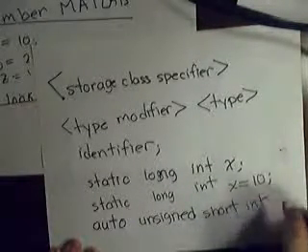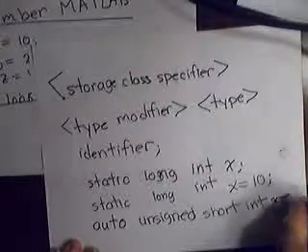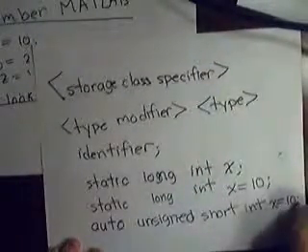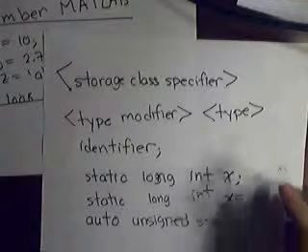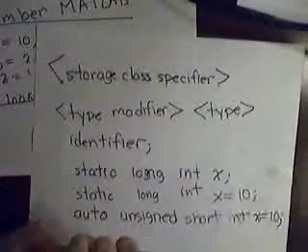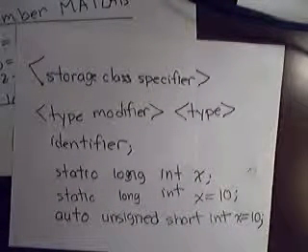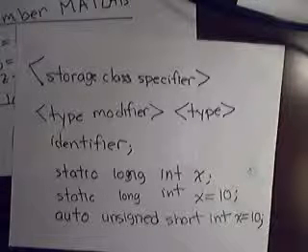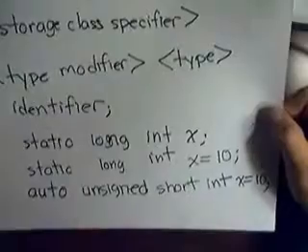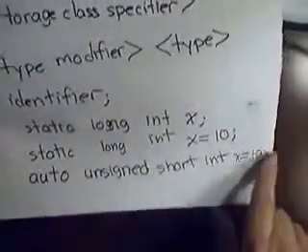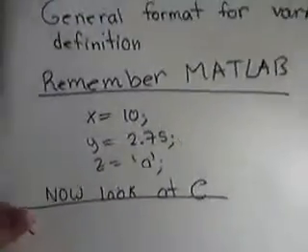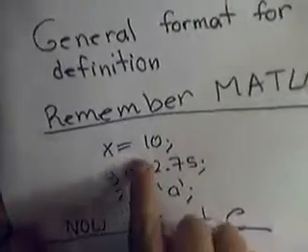Now I have an int x is equal to 10. So you see, there are 3 different ways to define x. Which one is correct? It all depends on why you want to create this variable. But it took us all this statement to do exactly the same thing as you will do right here in MATLAB with x equal to 10.